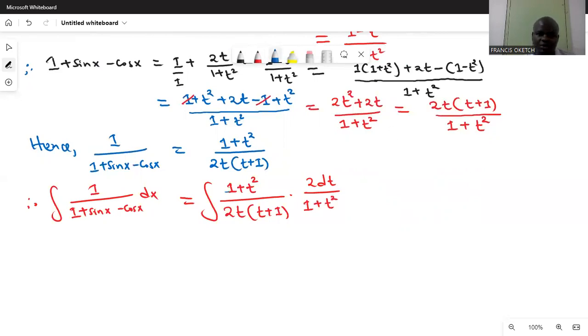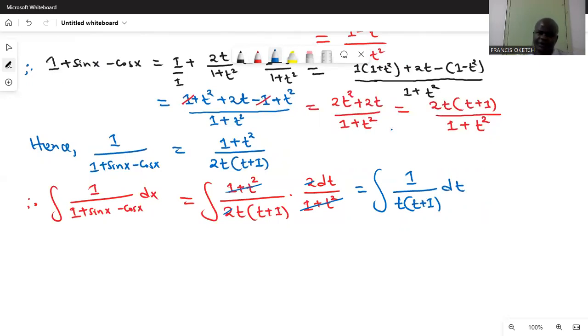So 1 plus t squared will cancel with the other 1 plus t squared, and 2 will cancel with these 2. So our task is to integrate 1 over t into t plus 1 with respect to t.